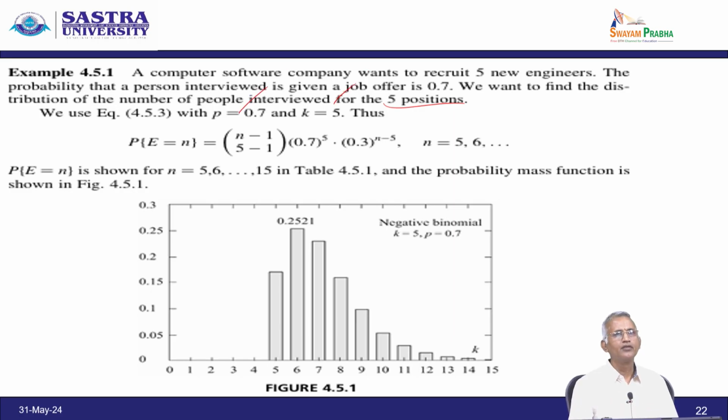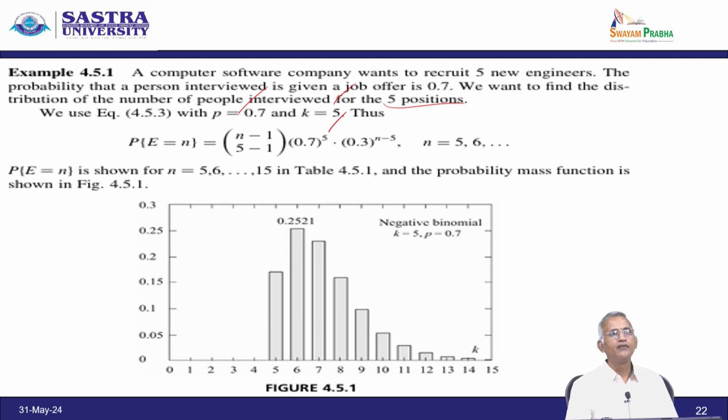So, the probability that the number interviewed equals n is (n minus 1) C (5 minus 1) into 0.7 to the power 5, the probability of getting the job, and the probability of not getting it, 1 minus 0.7, which is 0.3, to the power n minus 5. Here 5 positions are recruited, therefore k equal to 5, and n varies from 5, then 6, and so on.